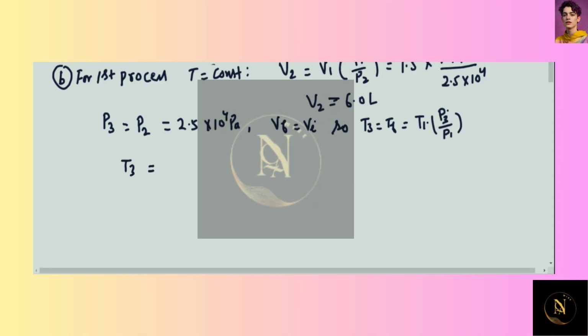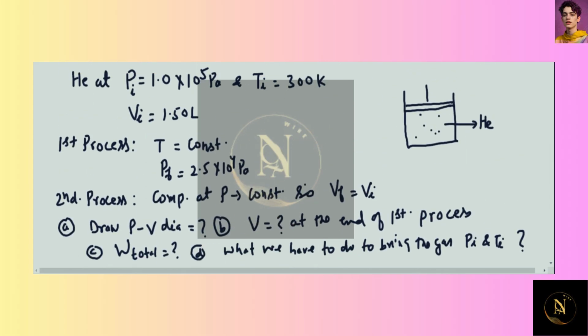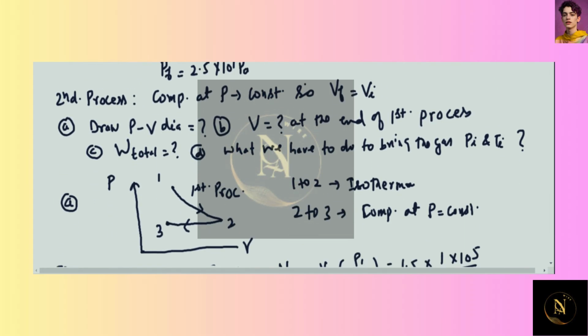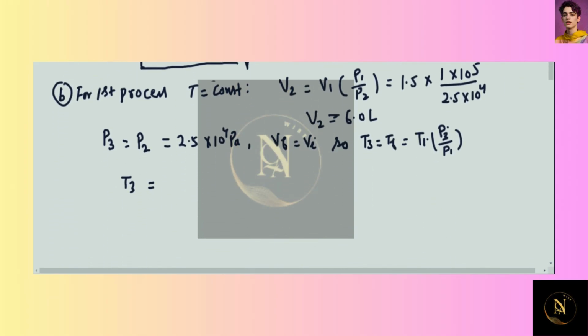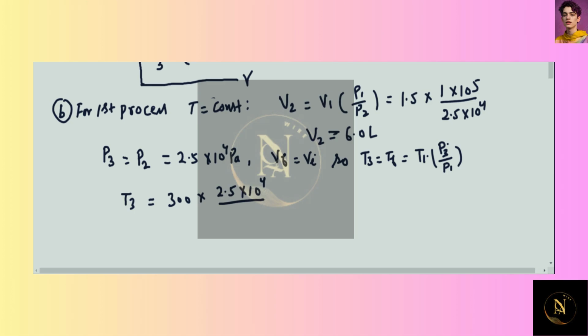In the beginning, temperature is given 300 Kelvin. P3 is 2.5 × 10^4 and P1 is 1 × 10^5. So on solving this you will get 75 Kelvin. So the final temperature is 75 Kelvin.